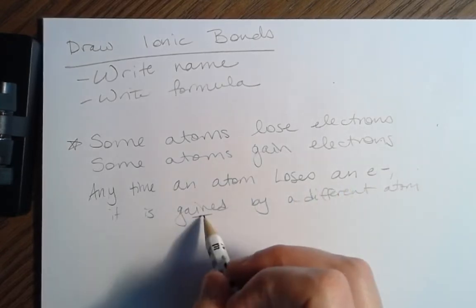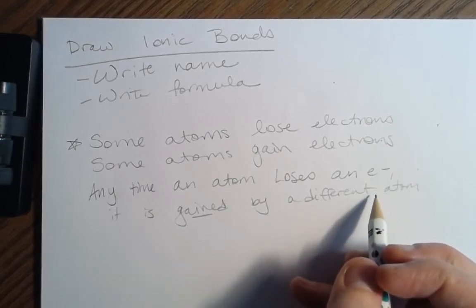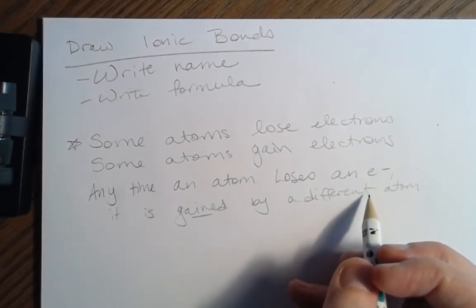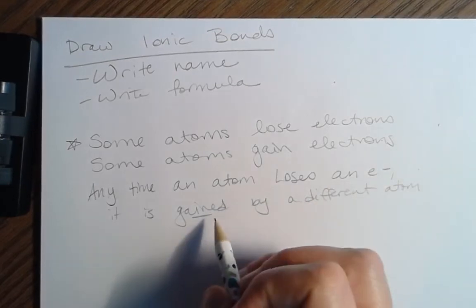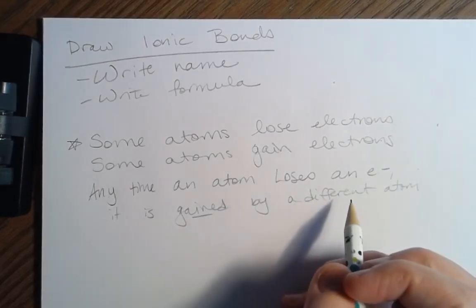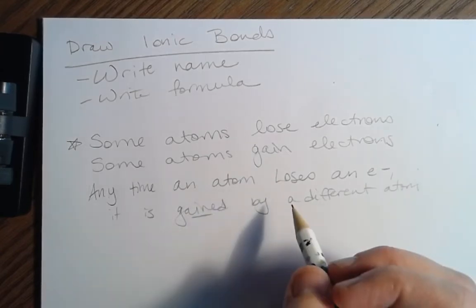And the atom that gained it is then an ion as well. We're looking at that momentary exchange moment where your atom is losing an electron and a different atom is gaining the electron. As soon as this exchange occurs, they are both ions.